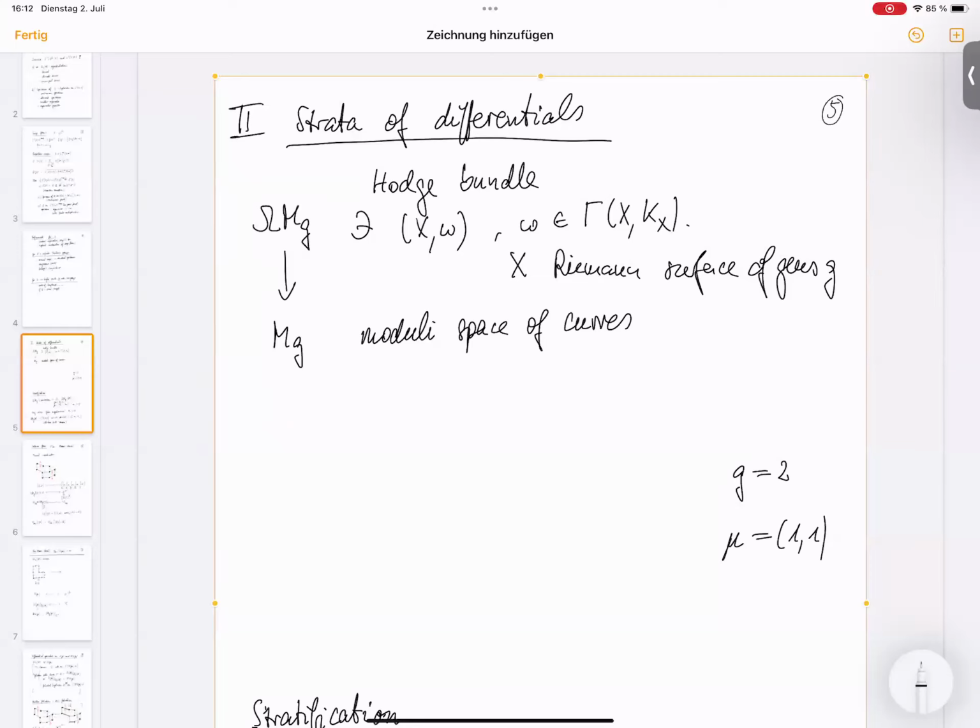I can just picture you an element in that case. Let me take the case of genus 2. So I take a genus 2 surface and I just draw you such a thing. Such a thing looks, for example, like the following polygon.